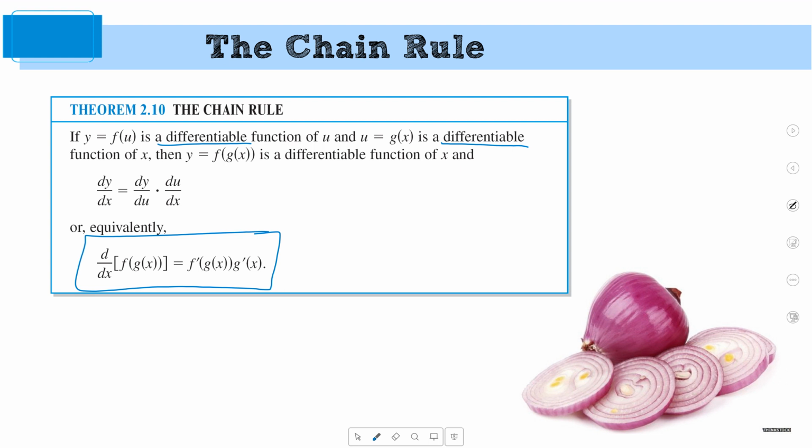Able to be differentiated, yes, which means? You can take the derivative. Good, they're functions you can take the derivative of. If you can't take the derivative of a function, you can't do the chain rule. That seldom, if ever, happens. But we just want to keep everything above board. Okay, good? All right, let's do this.